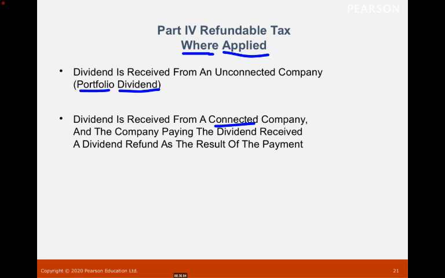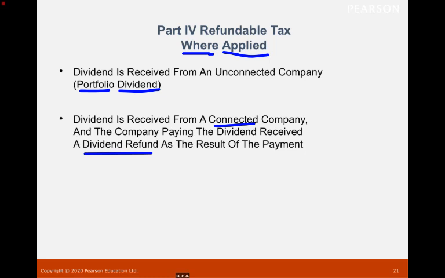That's what the part 4 one's about. So this could be dividends received from unconnected companies, a portfolio dividend we'd call that, or dividends received from a connected company, and that connected company has received a dividend refund. So in other words, you float it through from one company to the other, got your dividend refund, and now we're looking at it.